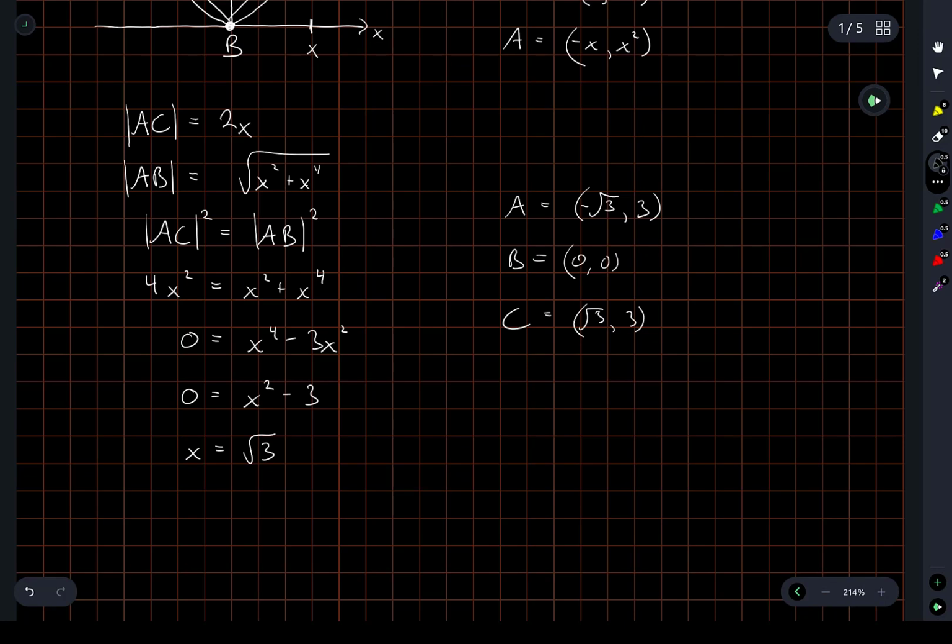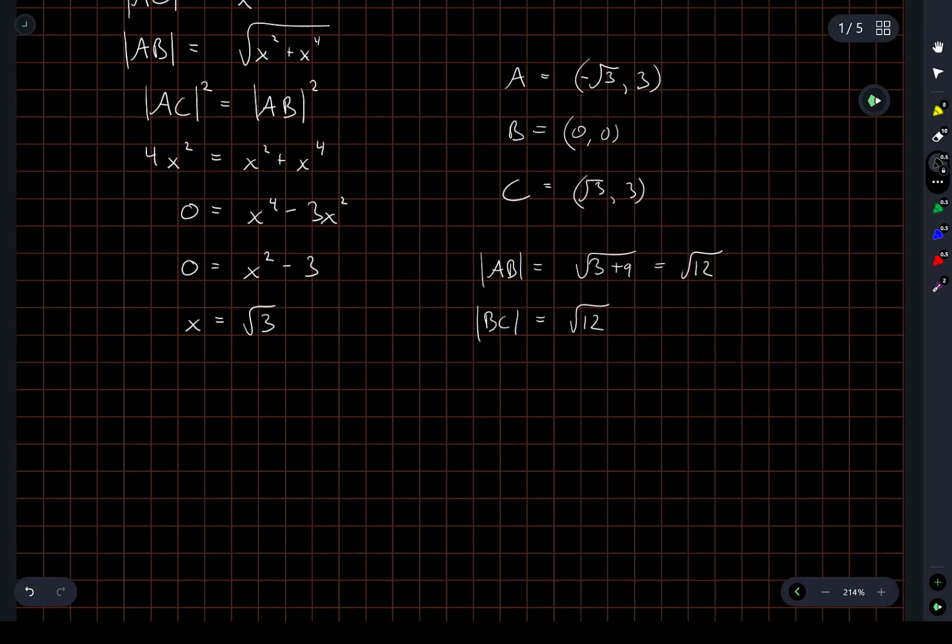And we can compute the numerical values now of these distances. AB is going to be the square root of 3 plus 9, which is the square root of 12. BC, the way we constructed this, is going to be the same. It's also going to be the square root of 12.